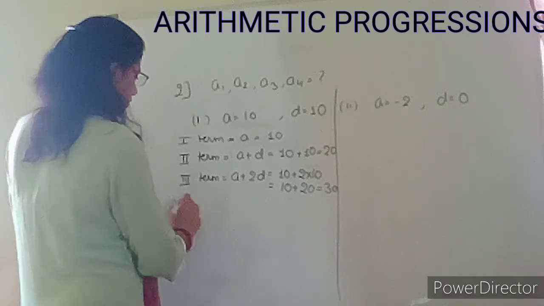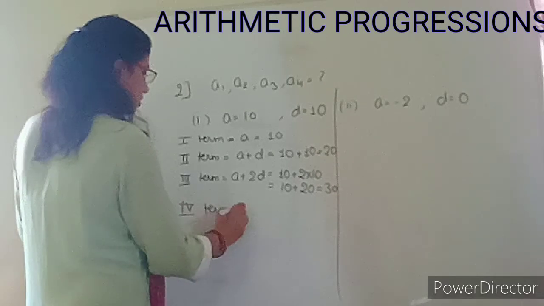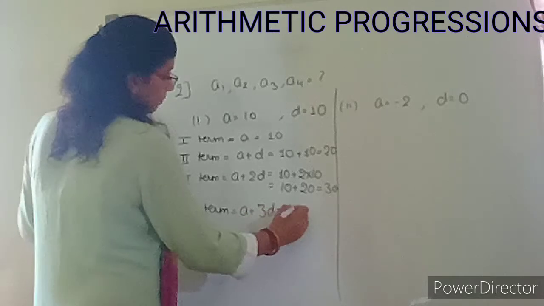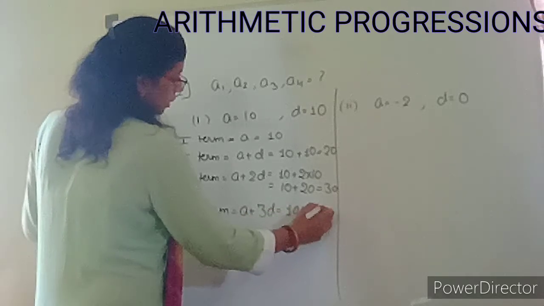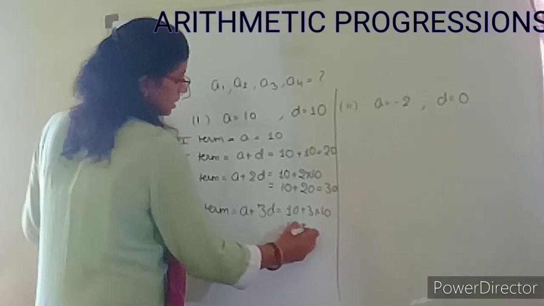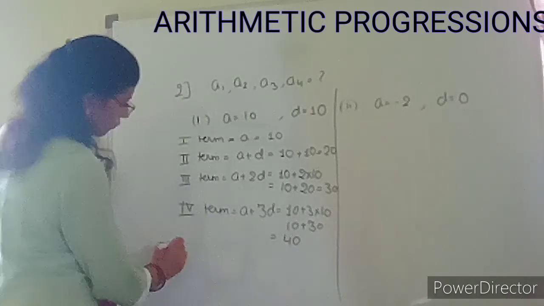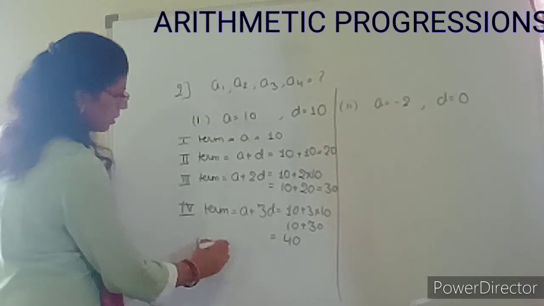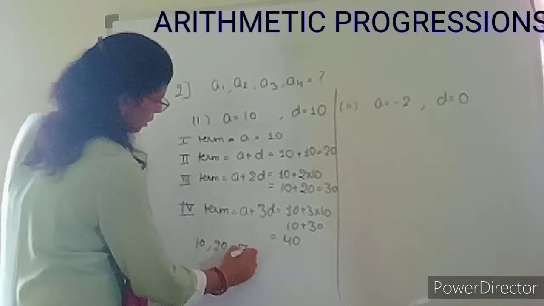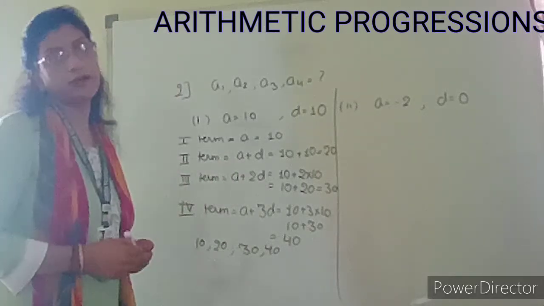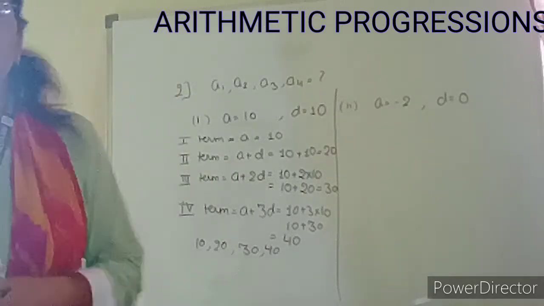The fourth term is A plus 3D. So 10 plus 3 into 10, that means 10 plus 30 is 40. Therefore your 4 terms are 10, 20, 30 and 40. So this is your first part.